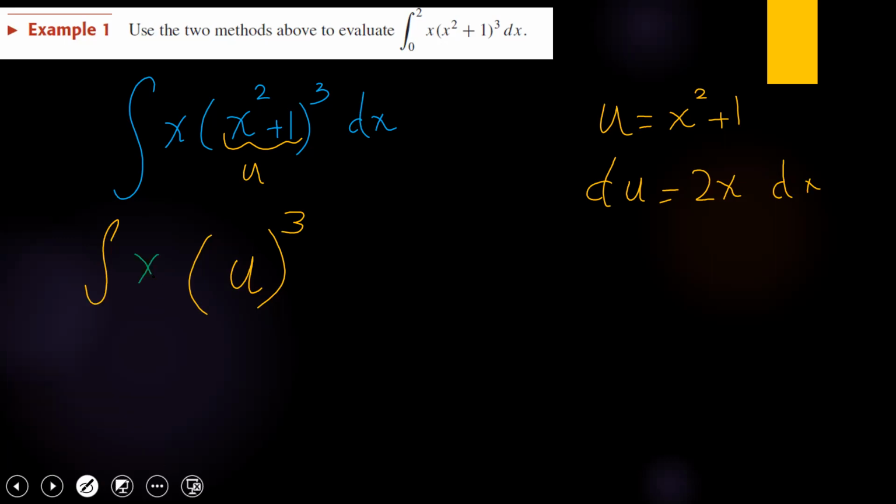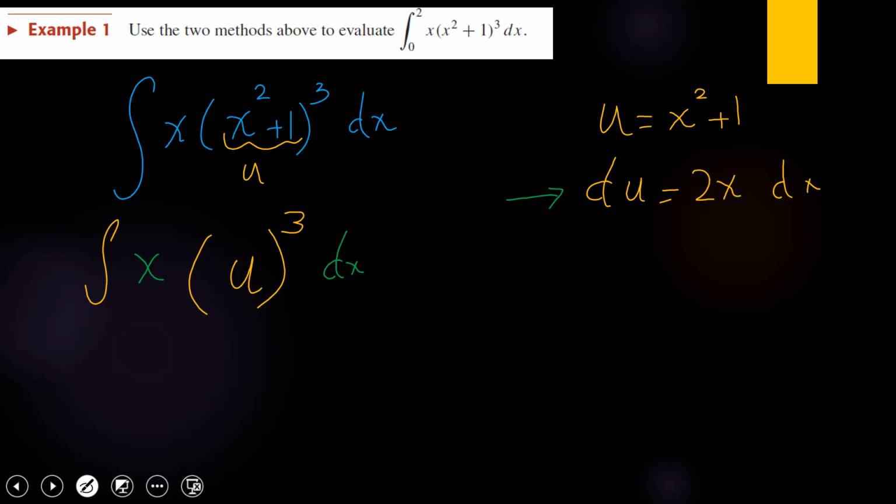I have x and dx. As we know, we cannot integrate with two variables. To find the integration, it must be written in only one variable, either x or u. So I need now to convert x to u. How?